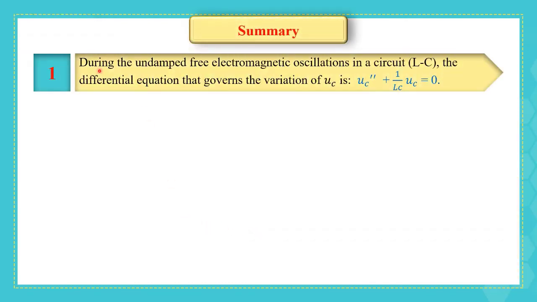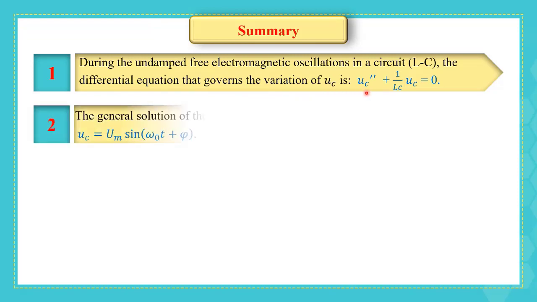Now, as a summary, during the undamped free electromagnetic oscillations in a circuit LC, the differential equation that governs the variation of UC is UC double prime plus 1 over LC UC equals 0.